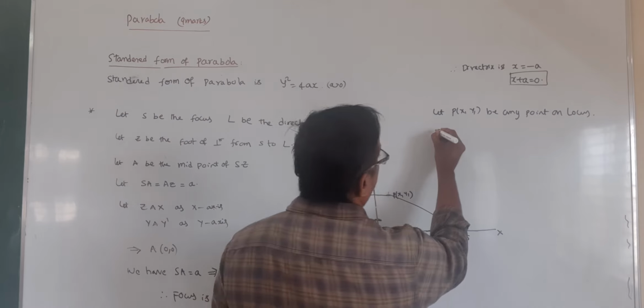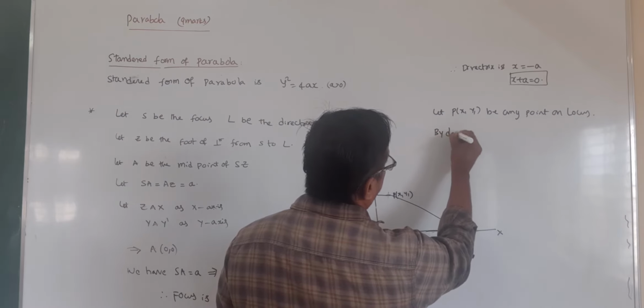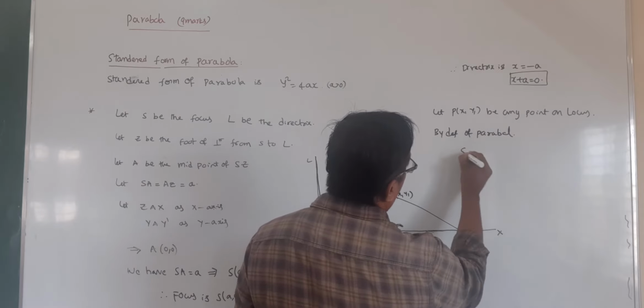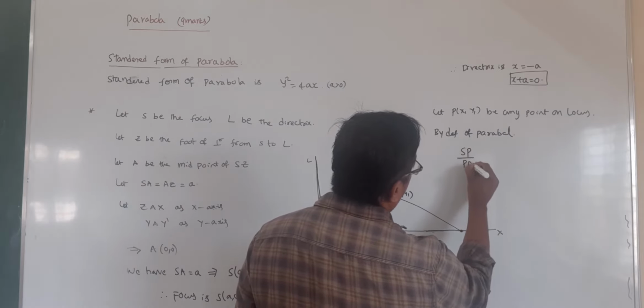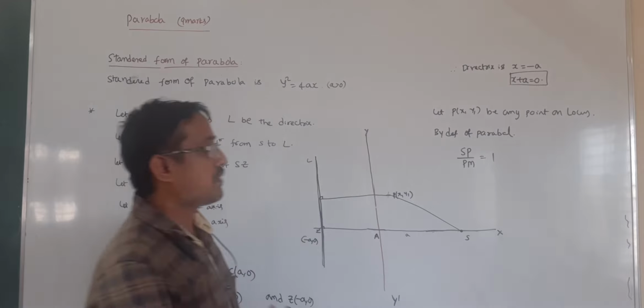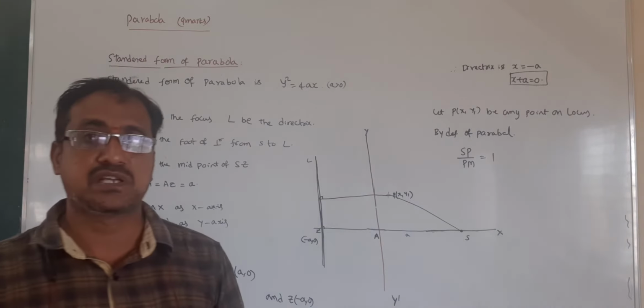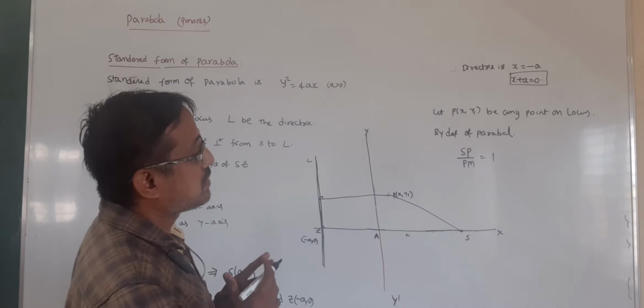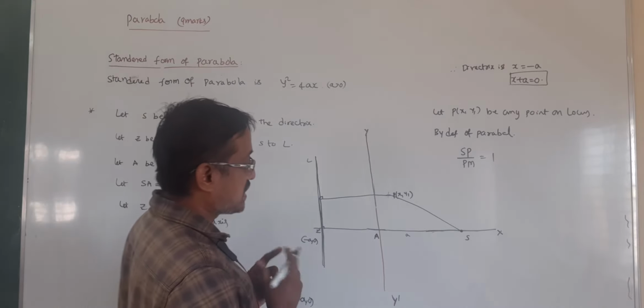So, by the definition of parabola, we have SP by PM is equal to 1. That is the definition of parabola. Now here SP is equal to PM.